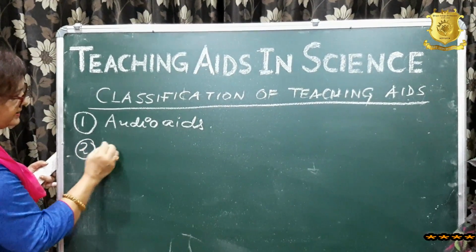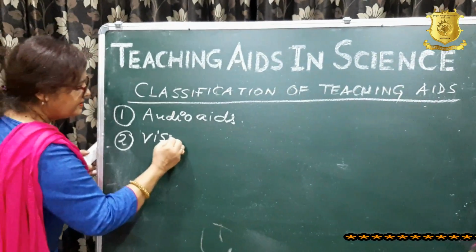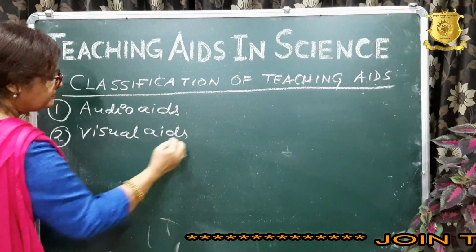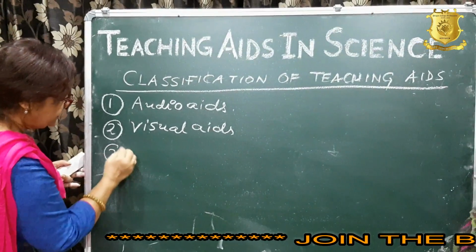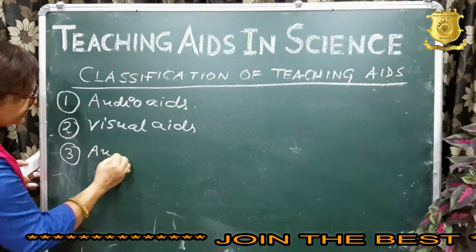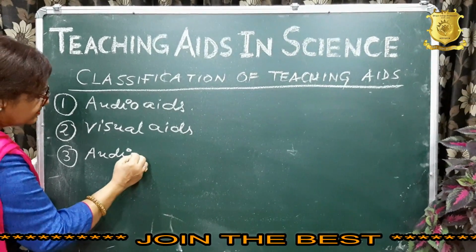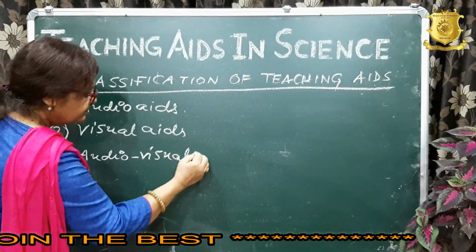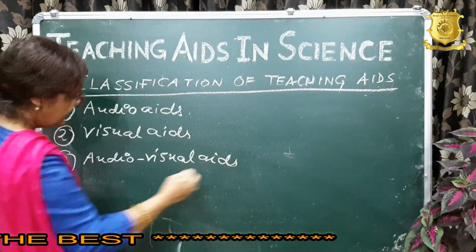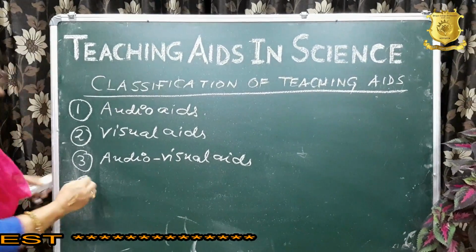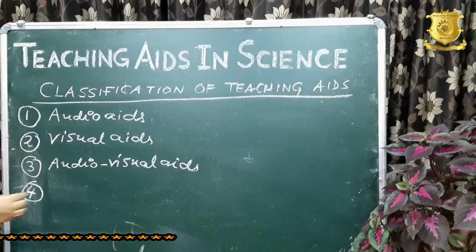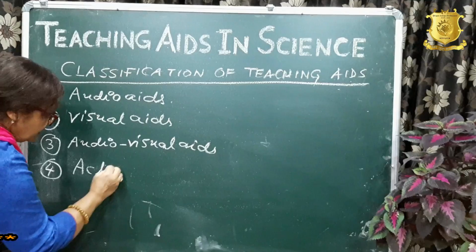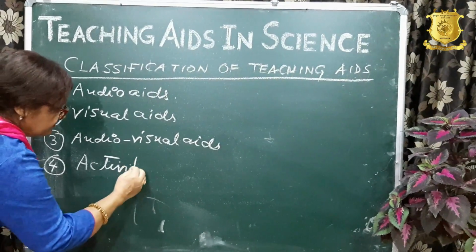Number two is visual aids. Number three is audio visual aids. And the fourth category is called activity aids.